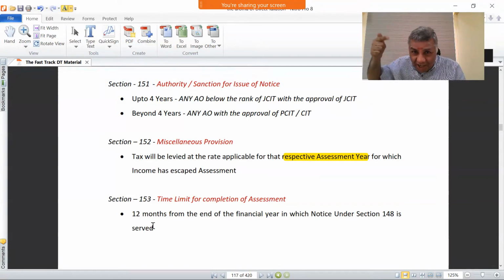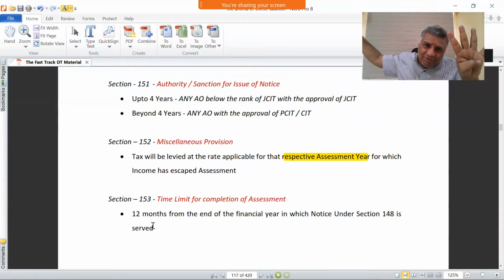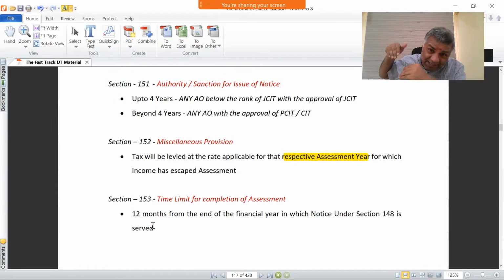Actually, start from 148 only. Issue notice within the time limit. Of course, no time limit in some cases. Issue notice after obtaining the sanctions. Issue notice along with the demand for the tax. Complete assessment under 147 within 12 months. So 147 is the last section to be studied, not the first.